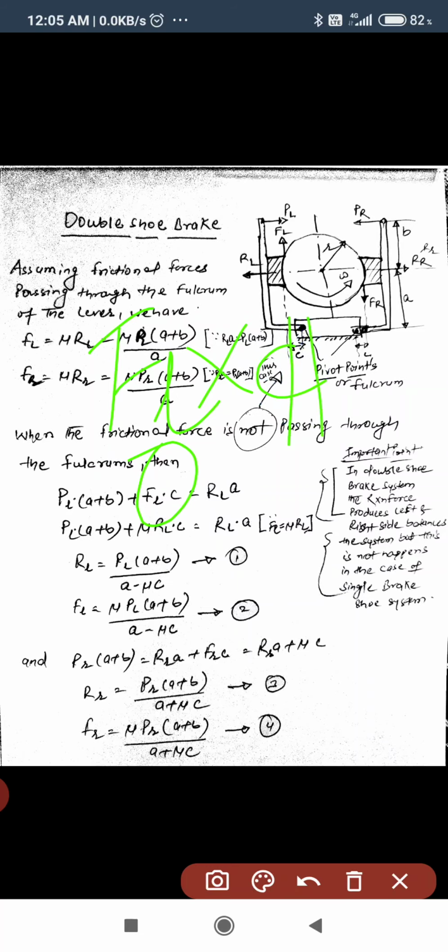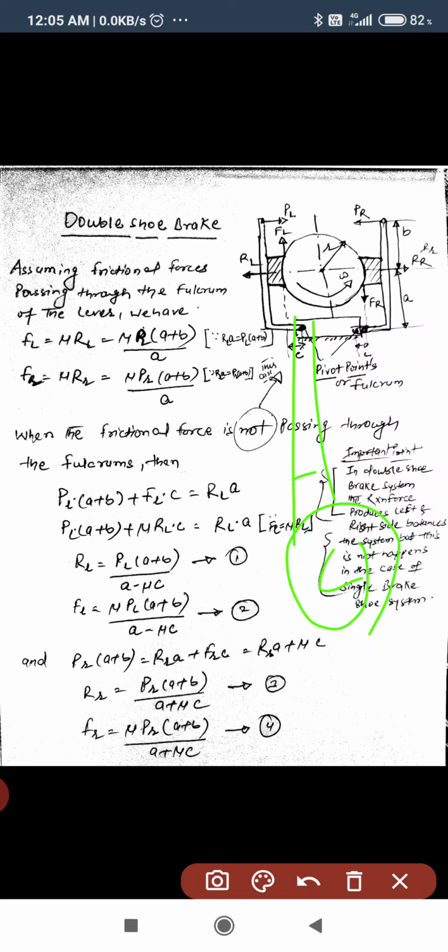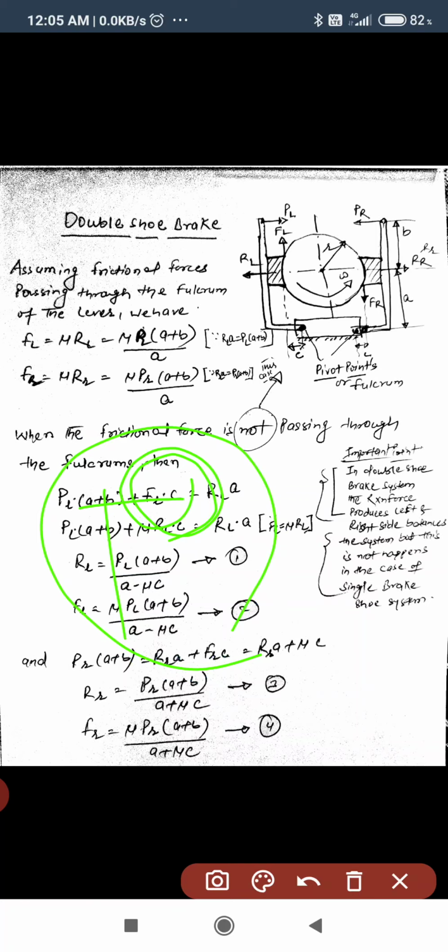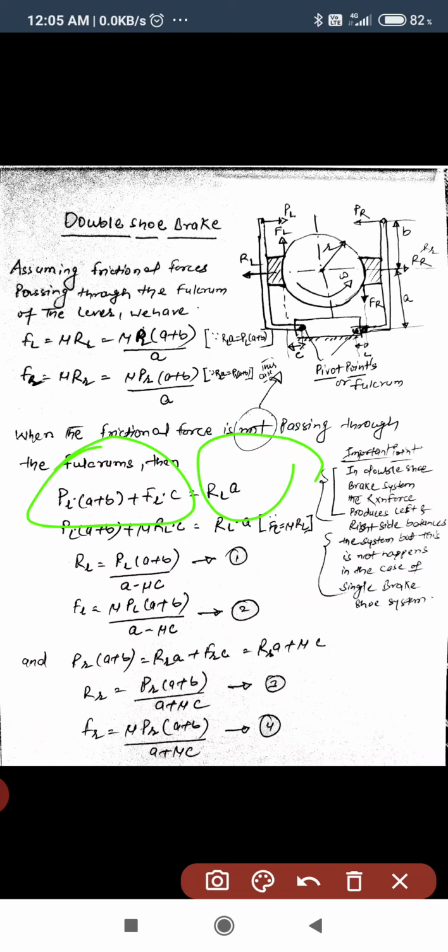This value is C. So the moment is clockwise about the fulcrum. I add this because the effort force is in clockwise direction and this frictional force is also in clockwise direction, so I add this here, and it is equal to the reactional force anti-clockwise.